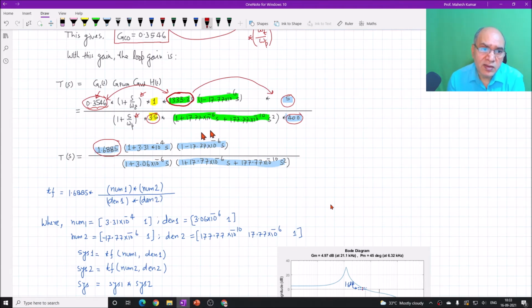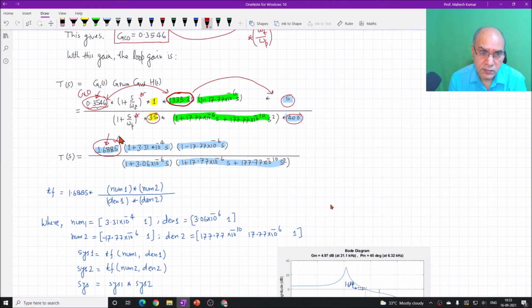Although we have called this term GC0, if you multiply all constant terms and put them together, this is called the overall DC gain. This is the overall DC gain, because if I put S equal to 0, then all these terms are taken out except this term will be there.